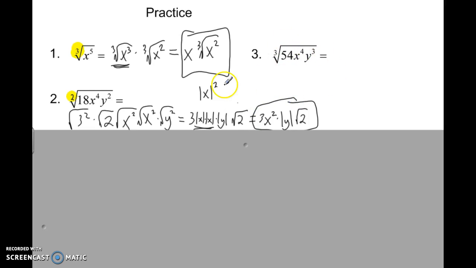Here now, whenever you see a 3 out here, we're looking for 3 of something. So off to the side, you might need to do prime factorization of 54.